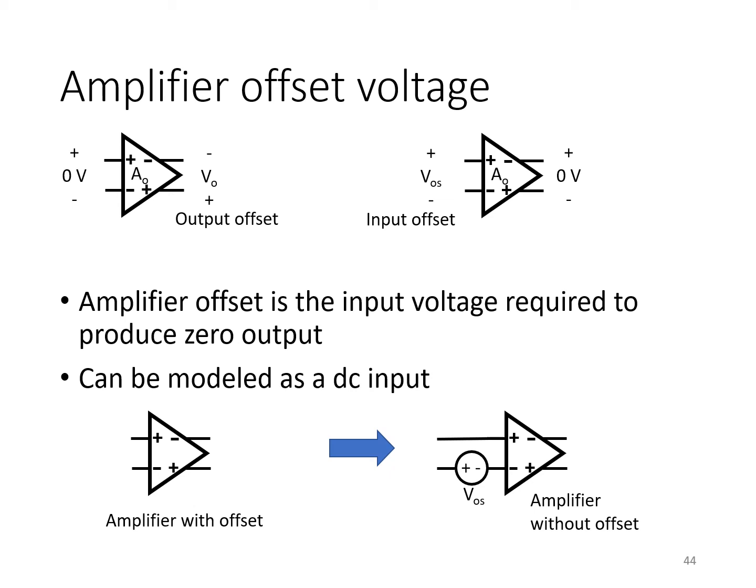The idea here is that if you have a real amplifier that has a finite offset built into it, we can just replace it with the circuit in this red box: an amplifier with the same gain and all else the same, except zero offset, in series with this input referred offset voltage DC source equal to VOS.